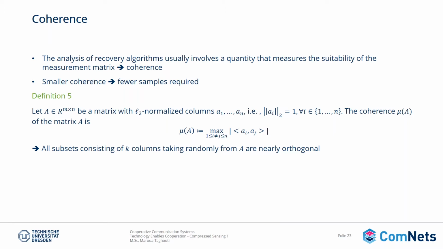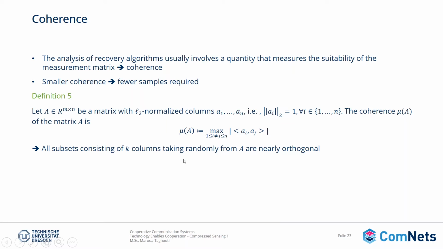And the coherence mu A of the matrix A is nothing other than the maximum value amongst the absolute values of the inner products between the columns in our matrix. And this is of course like a random process, but I'm having this complete calculation amongst all the columns of my matrix. You could see it here.